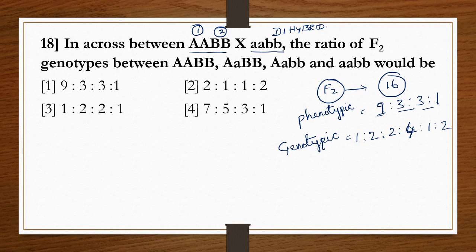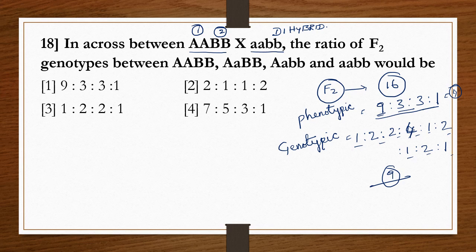Next split the other 3, that is 1:2, and then 1. So this is the genotypic ratio. So in total how many genotypes? 1, 2, 3, 4, 5, 6, 7, 8, 9. Nine genotypes. And how many phenotypes are there? 1, 2, 3, 4. Total 4 phenotypes and 9 genotypes are formed.